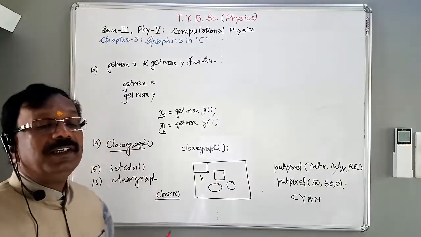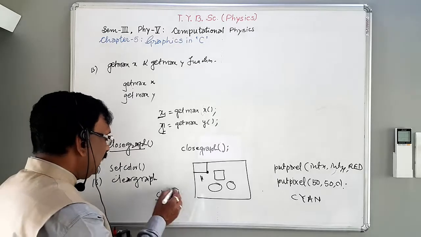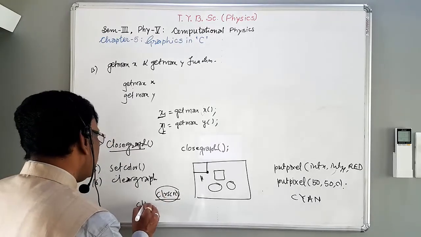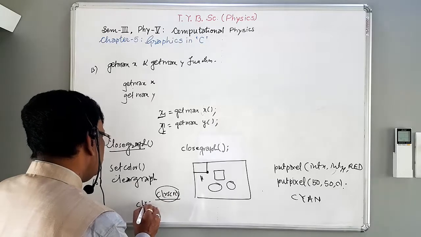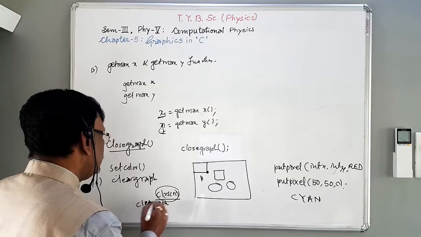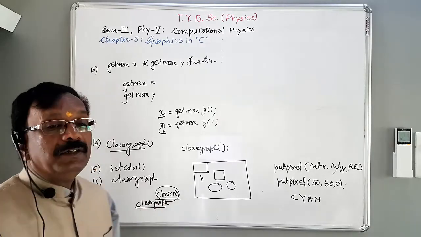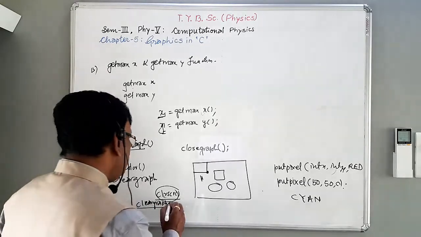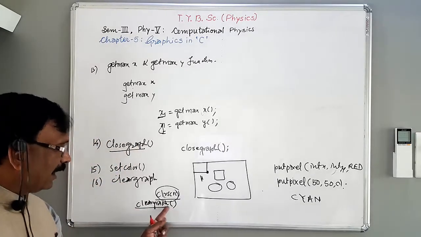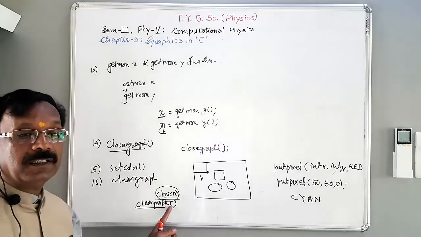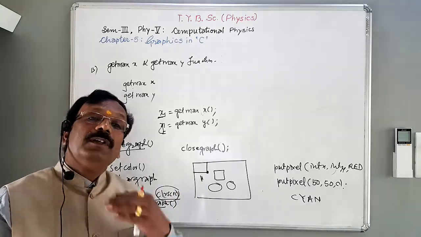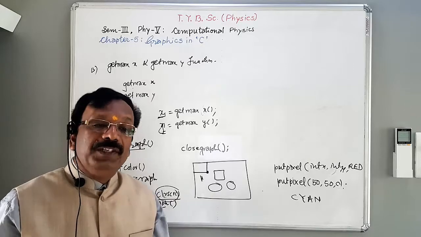Now in graphic mode, instead of clear screen, we use clear graph. When we use this command, clear graph with an empty function, this function clears the screen in graphic mode before drawing a new figure.